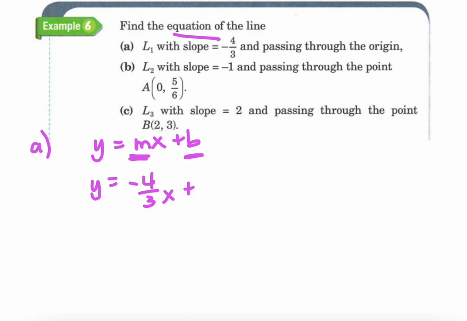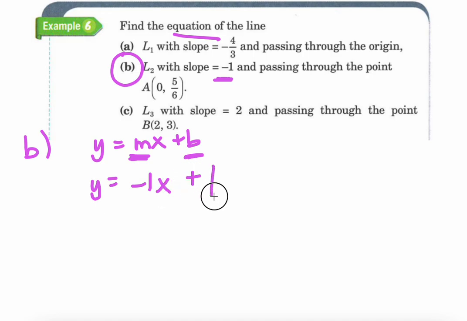So for B, we're also going to follow y equals mx plus b, except now they're giving us different information, right? They're giving us the slope of -1. So instead of m times x, we can put -1 times x. And then we need to figure out the b, where it touches the y-axis. Now let's do a quick sketch because it says it passes through the point (0, 5/6).